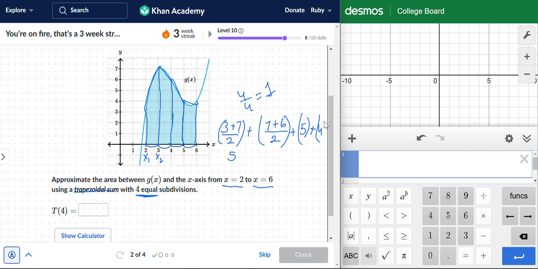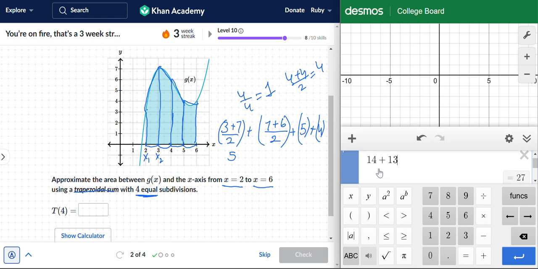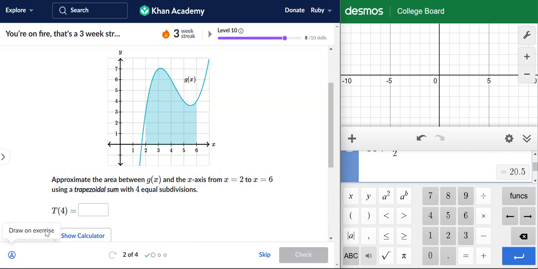Okay, we have 4. I got 4 because I did 4 plus 4 divided by 2 equals 4. So I'm just going to plug this all in. I'm just going to type 14 and then 13 divided by 2, which gives me 20.5.